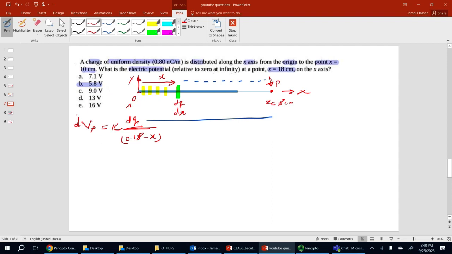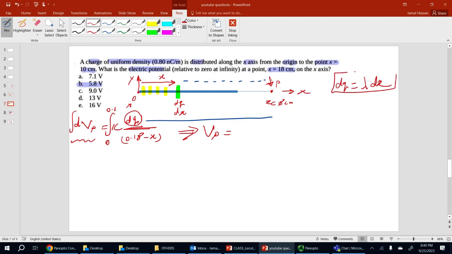Okay, so we need to do integration. Why? Because we have too many other small pieces. That was only for the green highlighted piece. The left-hand side of the equation simply gives us the potential at point P. That's what we want, right? And we know that x changes from 0 to 10 centimeters, so it's 0.1 meter. One more thing, dq by definition is equal to lambda multiplied by dx.